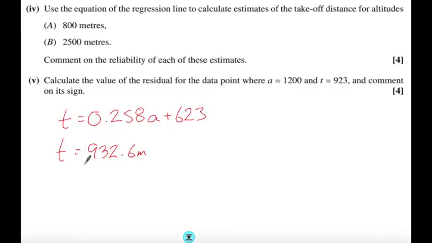So basically this is what our equation predicts we would have got, but the actual value is this. So the residual will be, what we do is take the actual value and take away the observed value. So the actual value is 923, and then we take away 932.6, and we get minus 9.6 meters. So what that minus shows is that this is below our line of best fit.